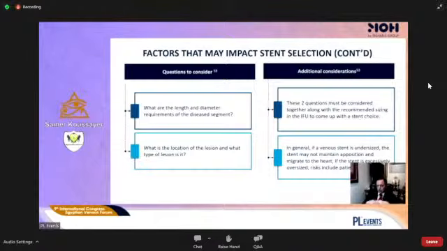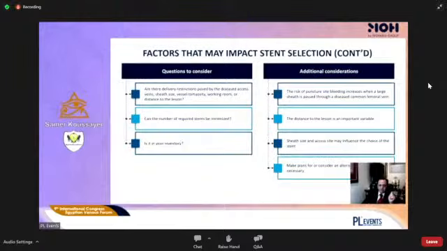And if you oversize, the patient may end up with pain. So it's very important to choose the right size. Oversized, the patient ends up with pain; undersized, it may migrate to the heart. So you have to be very careful. These 2 questions are very important to keep in mind when you choose your stent.